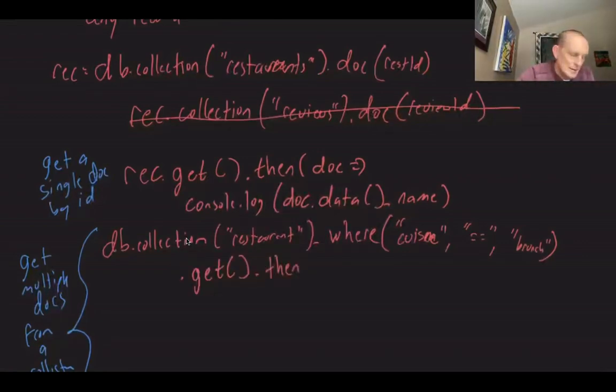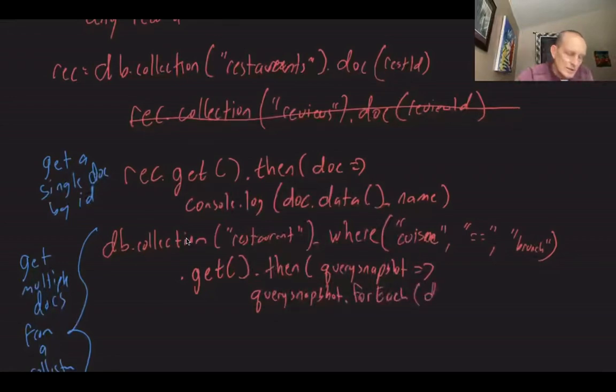And then what happens is, again, we have a callback routine that's passed and we get a query snapshot passed into that routine. What you can do with a query snapshot is basically iterate over it. So we could do, for instance, a forEach on that.